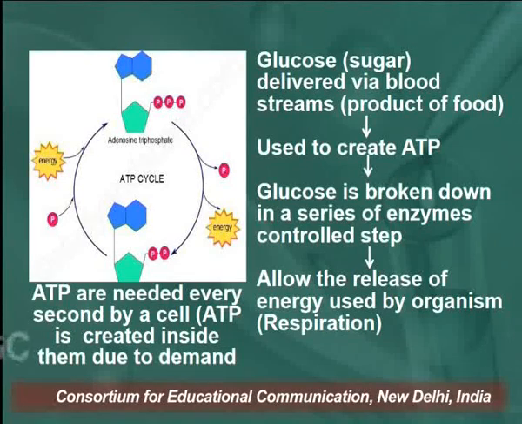It is the glucose ATP cycle. In the ATP cycle, ATP is needed every second by a cell, so ATP is created inside them on demand. Glucose or sugars delivered via the bloodstream, a product of food, are used to create ATP.